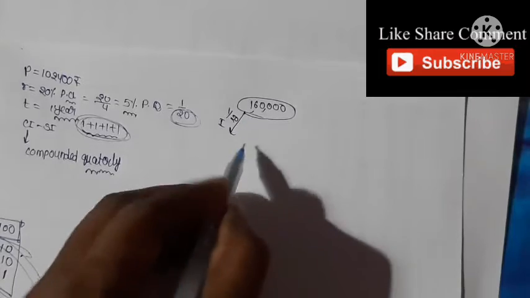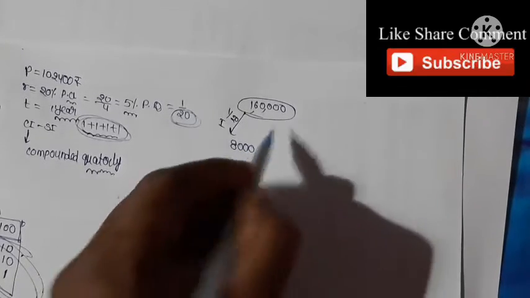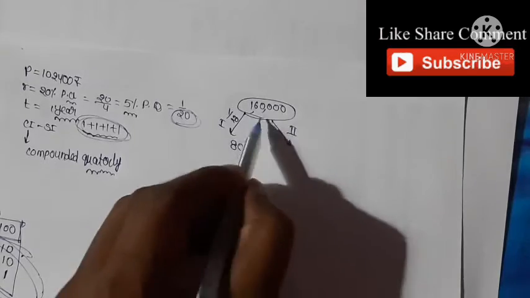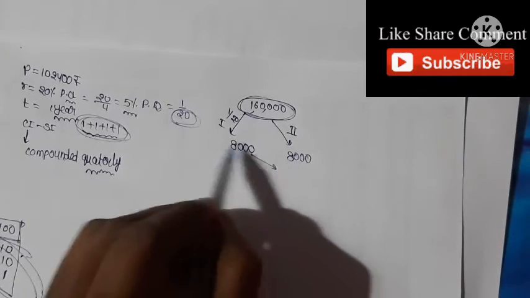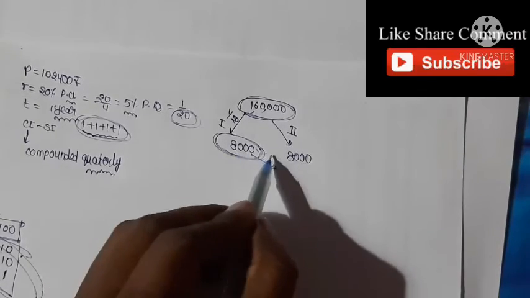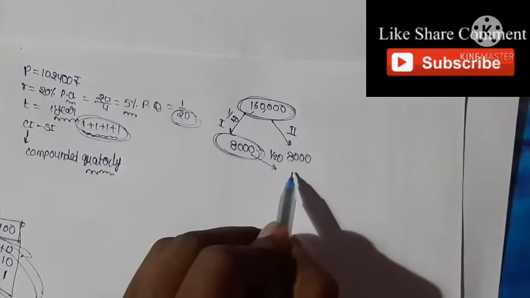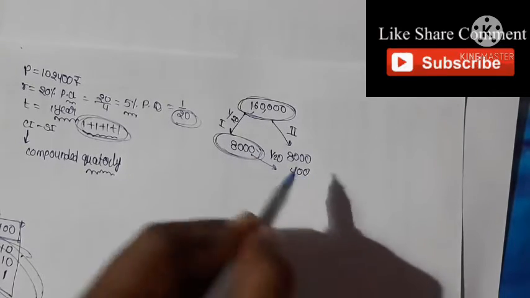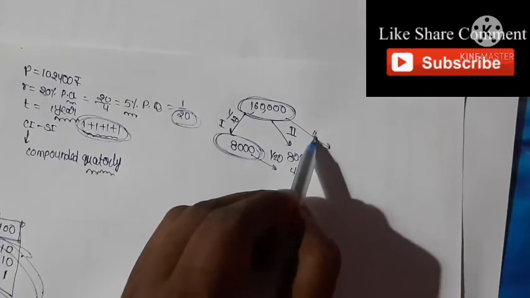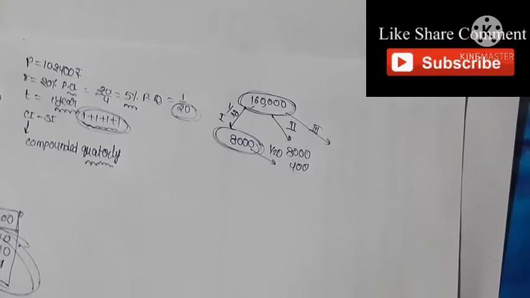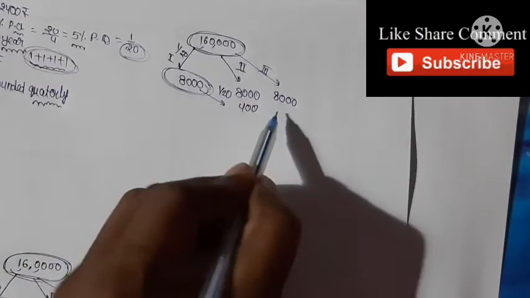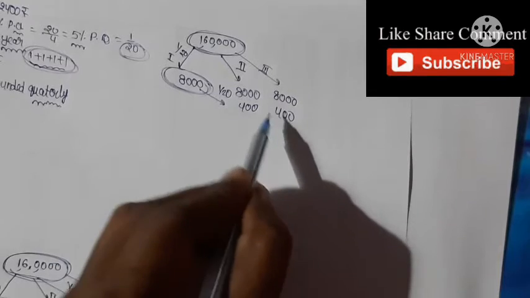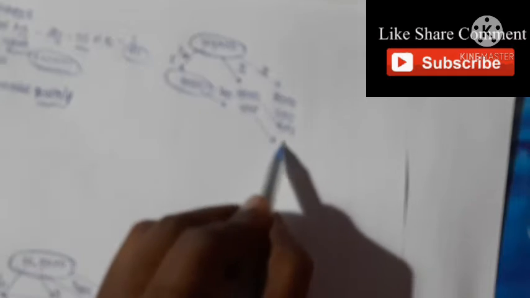So 1 by 20 of the principal, the value is 8,000. For the second year the interest is calculated on the principal, 8,000, and the first year interest, 1 by 20, so the value is 400. For the third year, 8,400 gives 420.